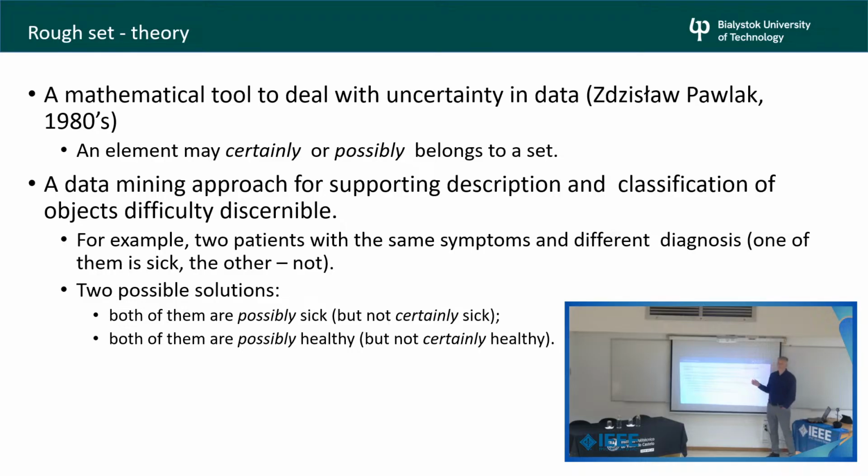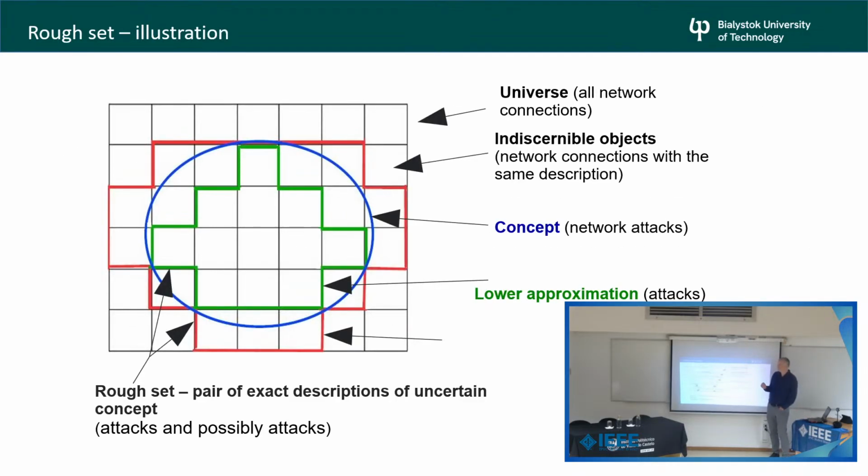This is our self-set or universe, and in the green area we are sure that this is self. In the red area, maybe self, maybe non-self, and here we have non-self. So between the green and red lines, we are not sure whether they are attacks or not attacks.